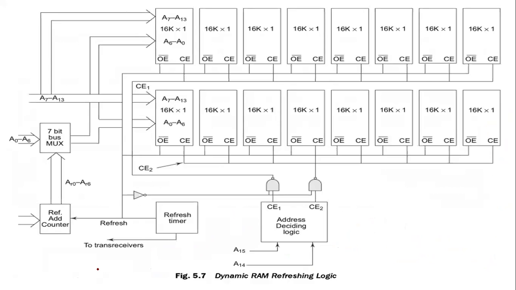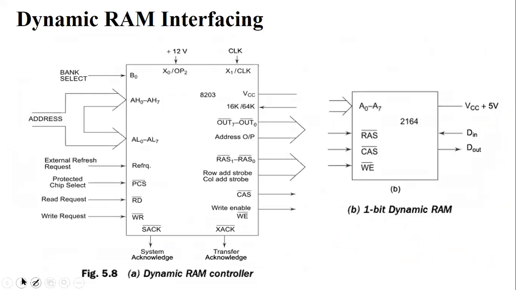This is the dynamic RAM refresh logic. Here is the dynamic RAM controller. As I said, you require some hardware devices to refresh the entire DRAM without losing the data.